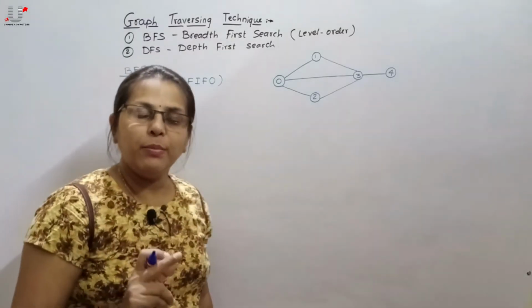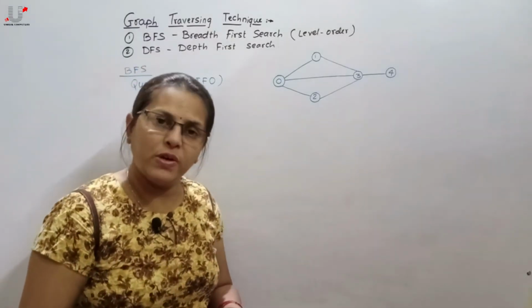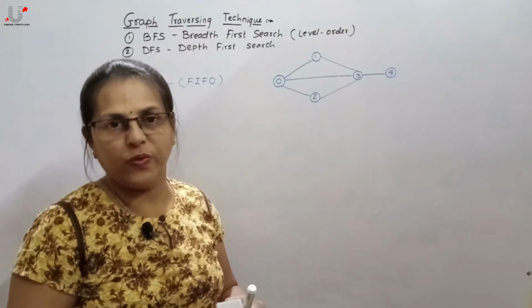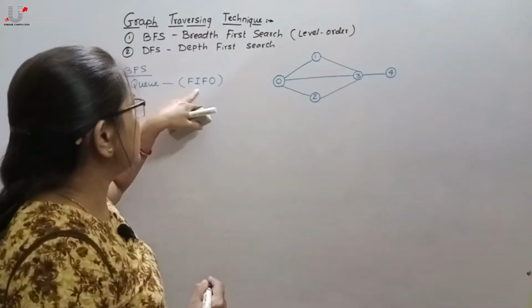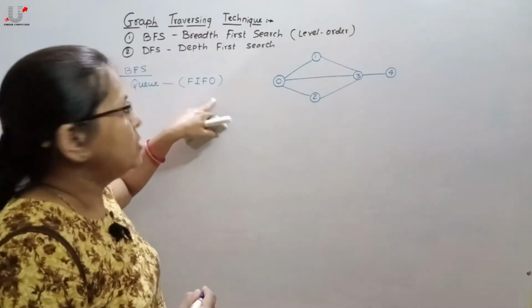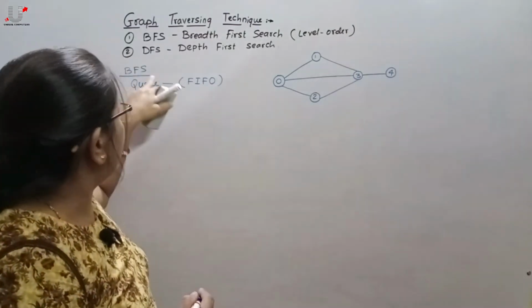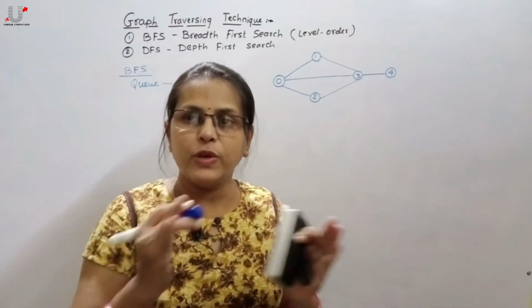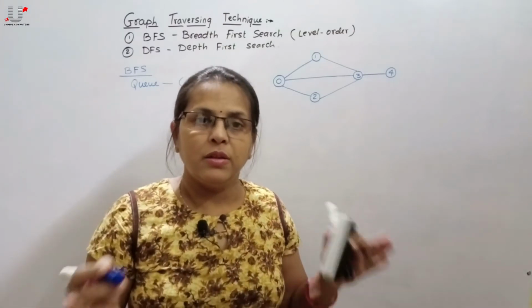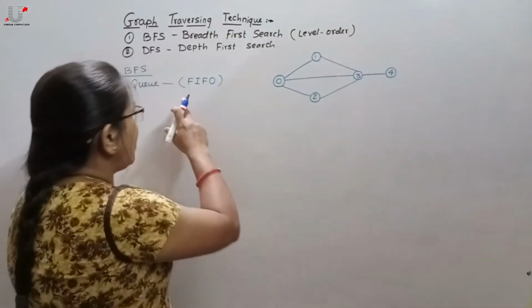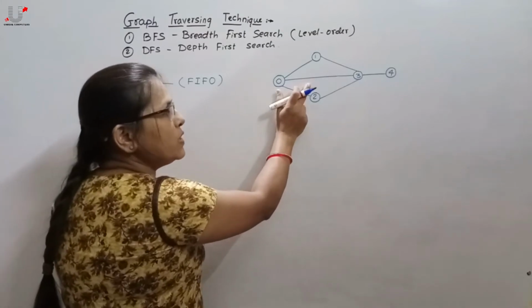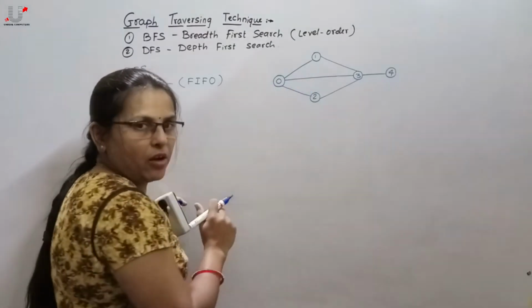That means the element which is inserted first will get removed first. That means first in, first out. So a queue follows this property, and as BFS goes wide, we perform BFS traversing on this graph.